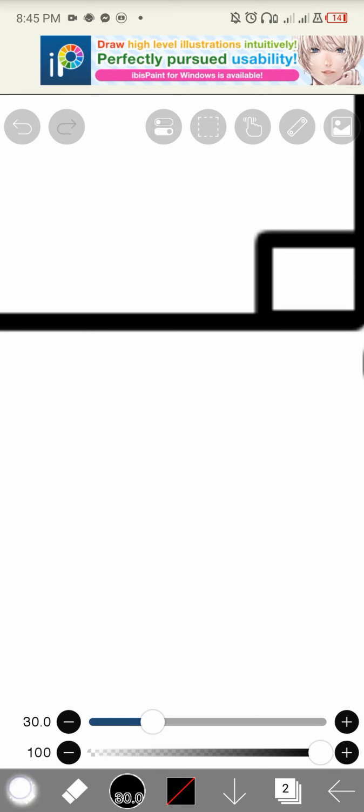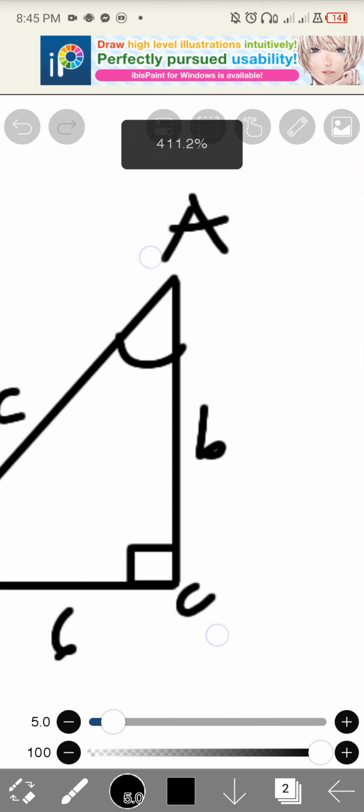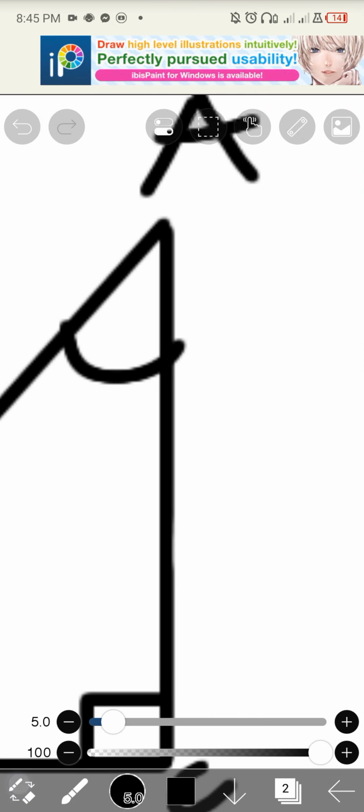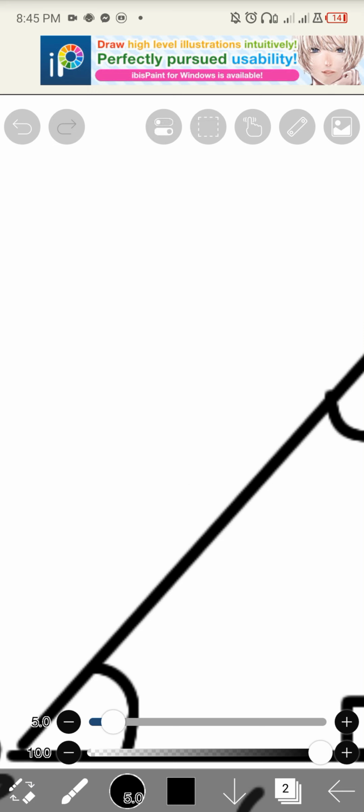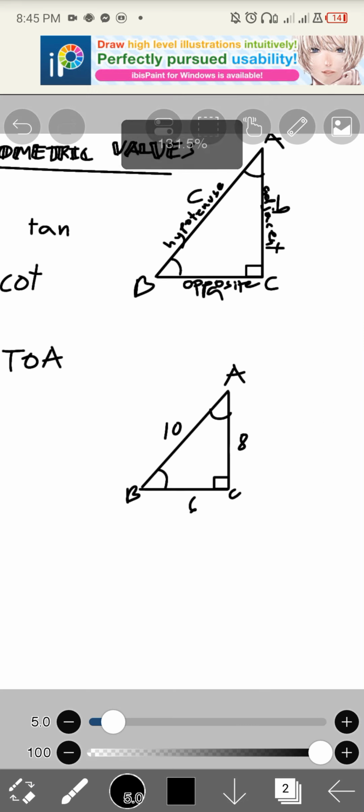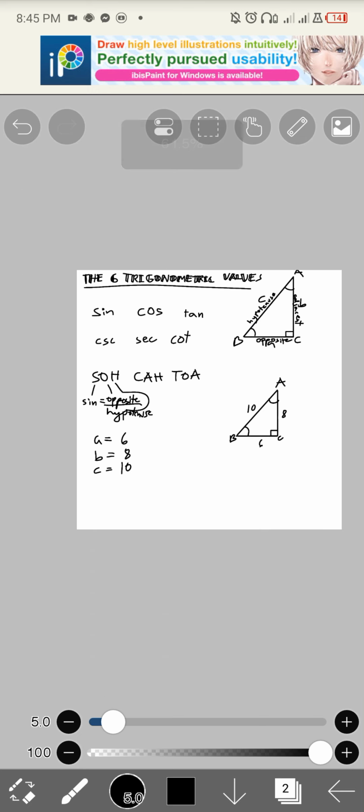This will be 6, this will be 8, this will be 10. Always remember na if gihatagan kag measurements sa tulo ka side sa triangle, the biggest number na gihatag is always the hypotenuse, no exceptions, if exact na right triangle.